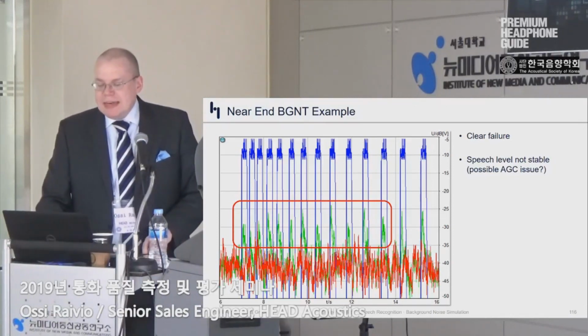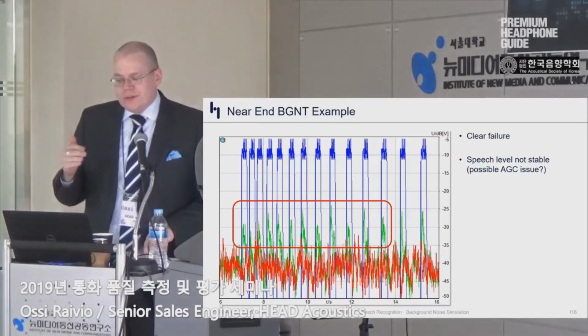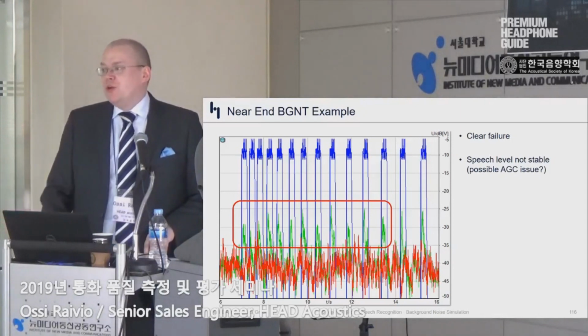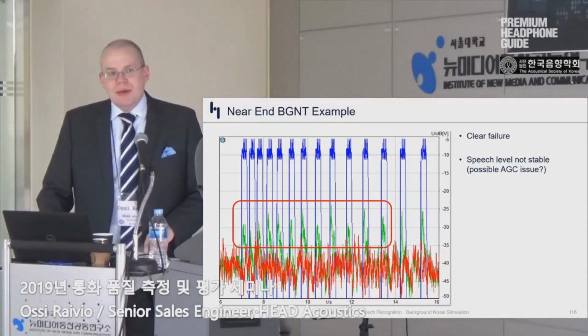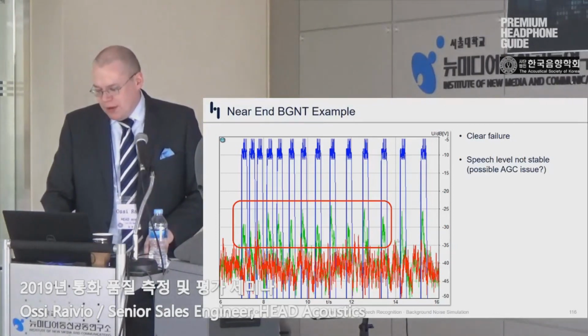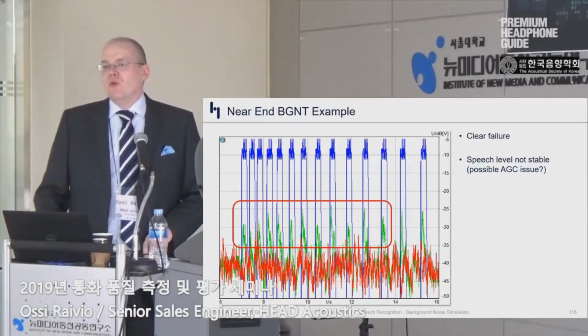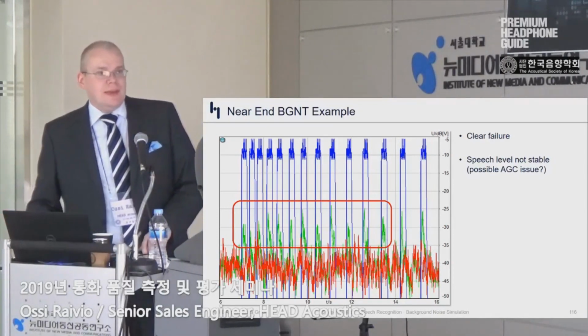So we have definitely more than 10 dB variation in the background noise, most probably due to AGC, but this would be a clear fail for this case, because the background noise is varying definitely more than 10 dB. Like I said, 10 dB is a rule of thumb that we are using in these tests.